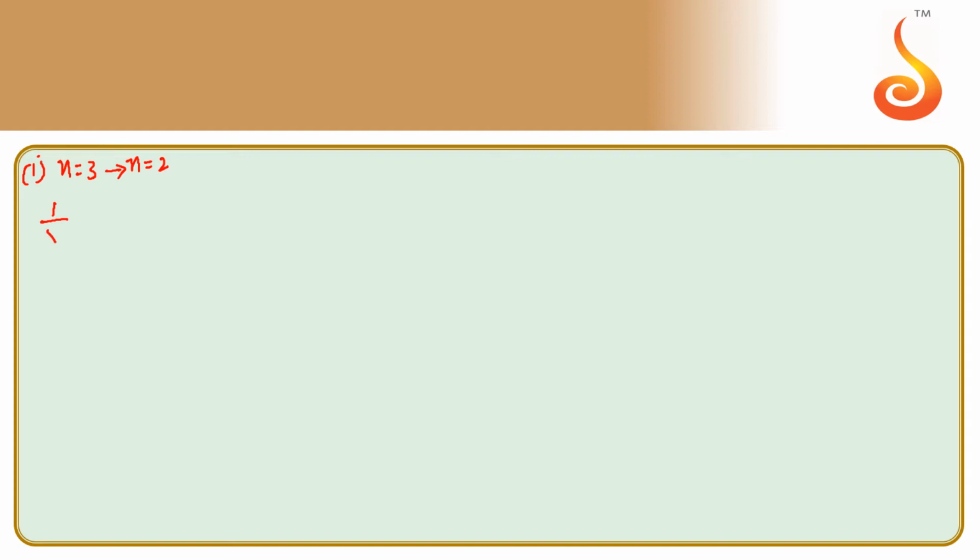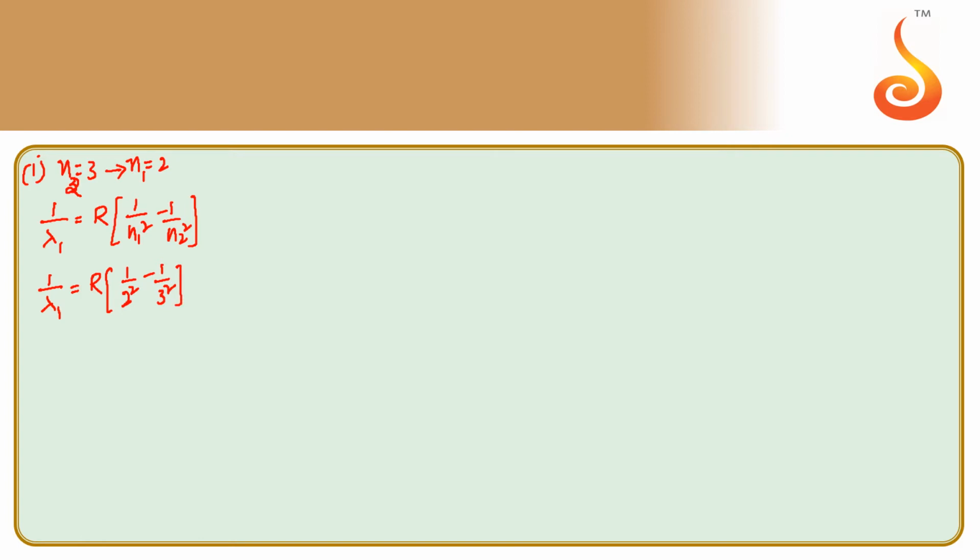So we know 1 by lambda 1 is equal to R into 1 by n1 square minus 1 by n2 square. So we can write, 1 by lambda 1 is equal to R into 1 by 2 square minus 1 by 3 square, where n1 is 2, n2 is 3.